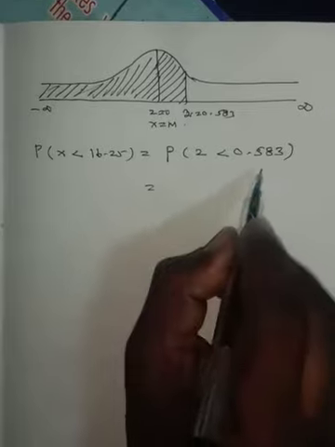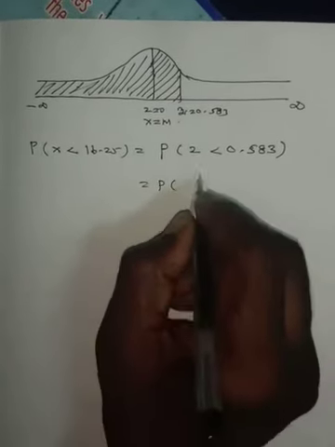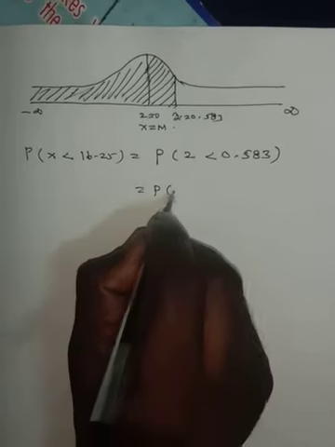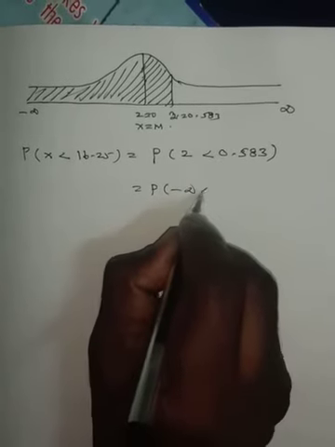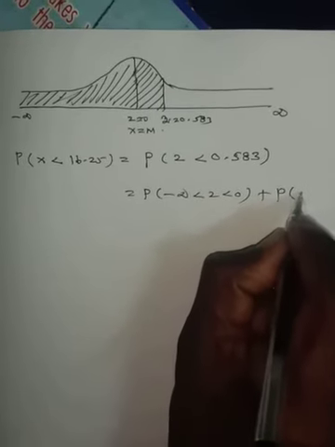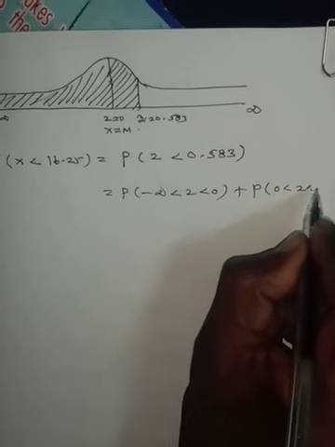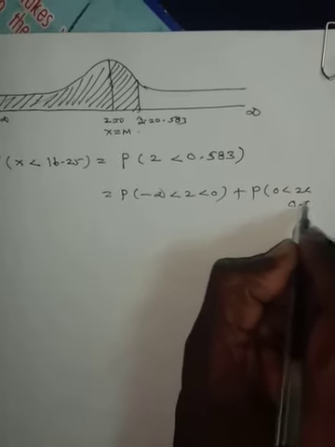This means z less than 0.583 is the probability of minus infinity less than z less than 0, plus the probability of 0 less than z less than 0.583.